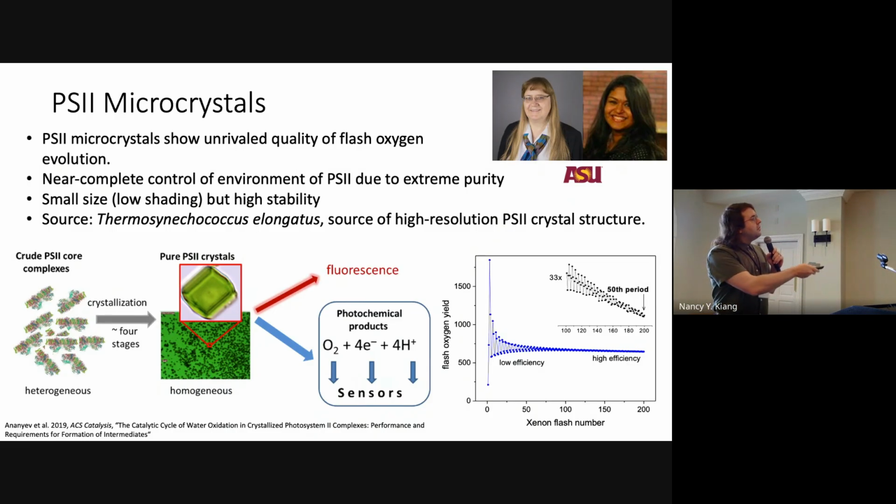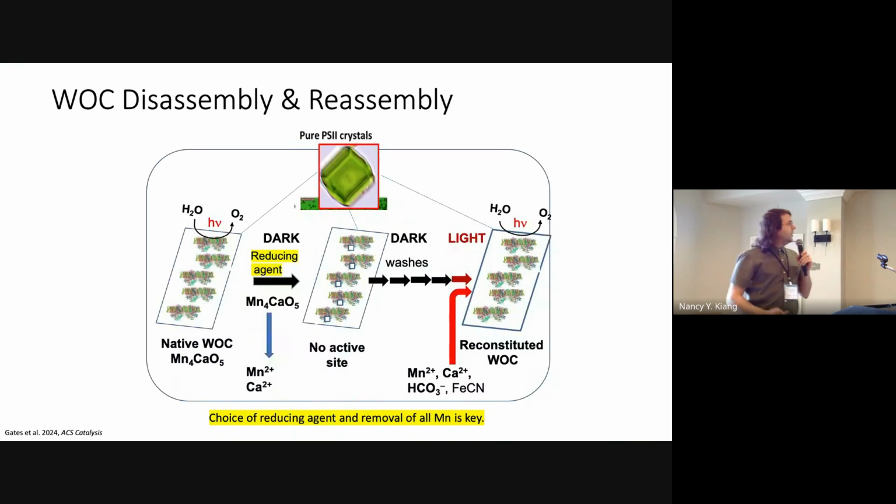So in this case, with optimal acceptors, you're able to get up to 50 periods of oscillations. For comparison, in a living system, the best I've ever seen is about 17, and usually if you're lucky, you'll get 3 or 4. So the water oxidizing complex in these crystals can be removed fairly easily by addition of a reducing agent.